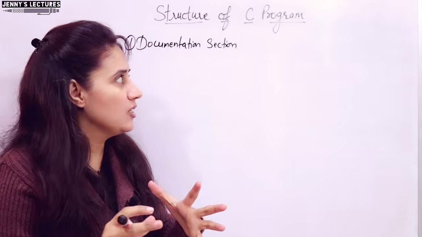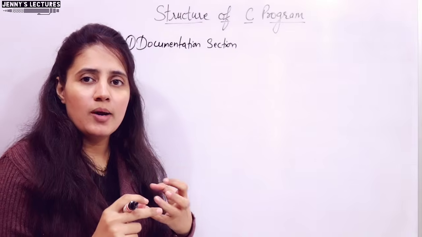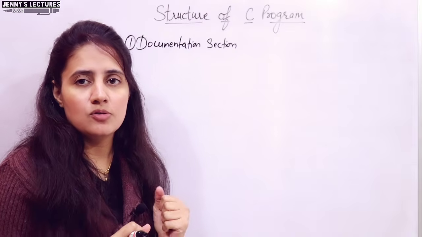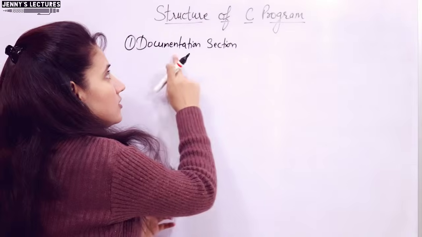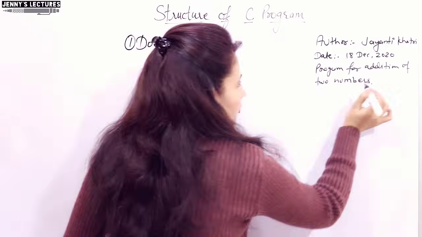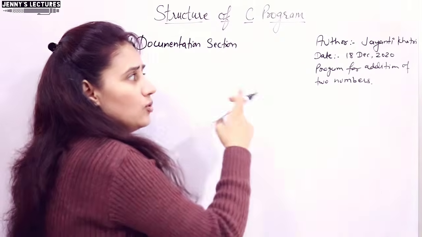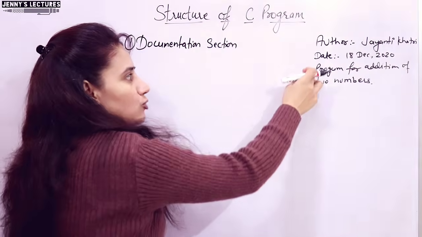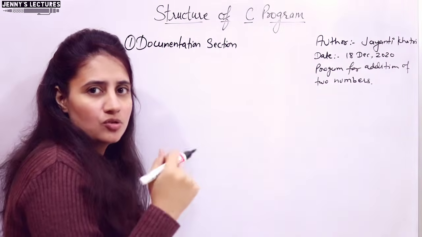Let us take one example, I want to write a program for addition of two numbers. So what can you include in this documentation section? You can include the author, Jayanti Khatri, the date as well as time, and a brief description like program for addition of two numbers.